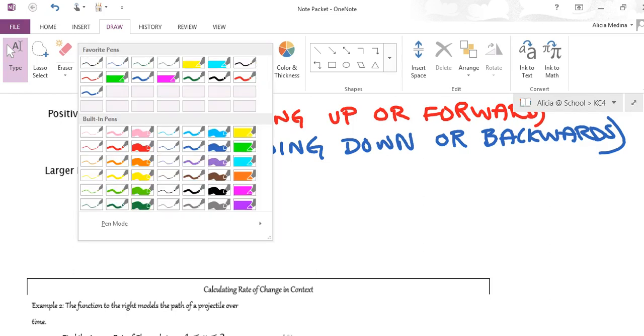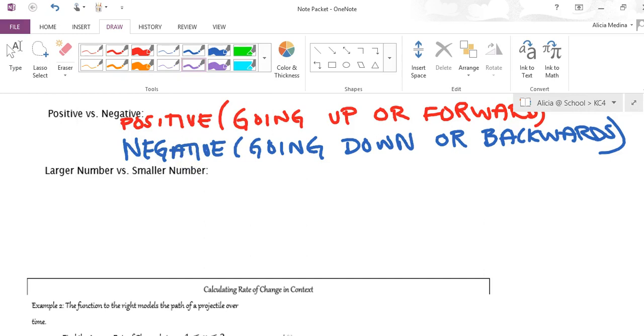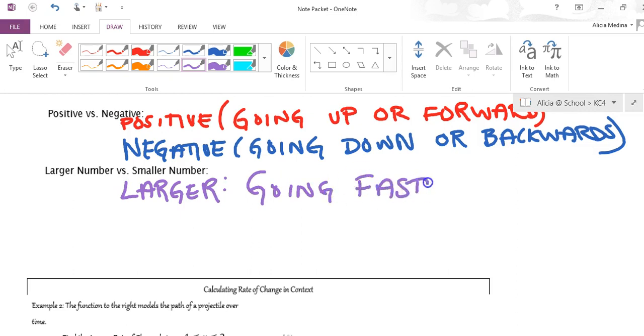Larger number versus a smaller number. Well, a larger number is basically saying it's going faster. So if you have a big positive number, that means you're going faster up or faster forward. If you have a bigger negative number, that means you're going faster down or faster backwards.